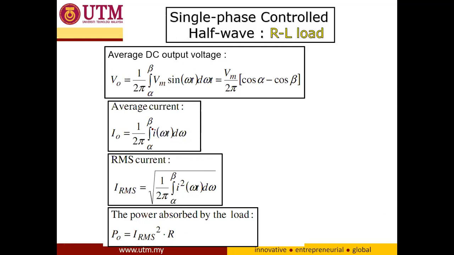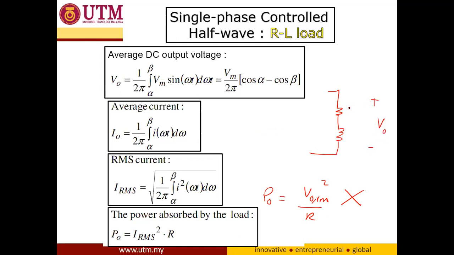For this load you cannot use this formula. If you use this formula for the load, it is totally wrong, because as you can see, the load now consists of two elements.